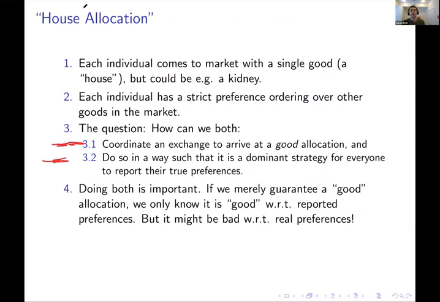It's a good time for questions if it doesn't, because this is a basic principle of mechanism design we're going to be working with for the rest of the semester. It's algorithm design where we don't have the luxury of assuming that the instance the algorithm is given is the correct one. We have to actually work to incentivize people to report the correct instance of the problem to the algorithm.